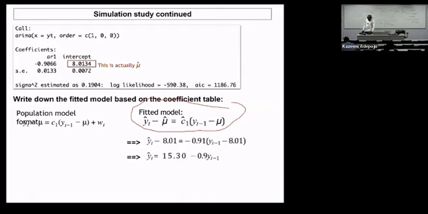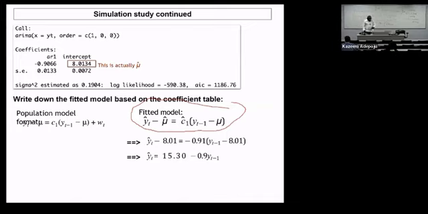Now let's start substituting. What is your mu cap? The mu cap is 8.0134 from the output. What is your C1 cap? Your C1 cap is negative 0.9066, which to 2 decimals is negative 0.91.